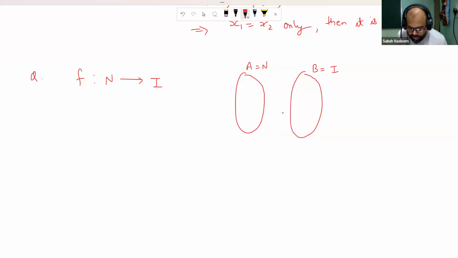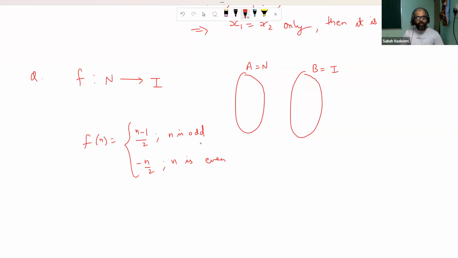The function is defined by f(n) is equal to (n minus 1) by 2 when n is odd, and minus n by 2 when n is even. So can you tell whether it is one one or many one function?